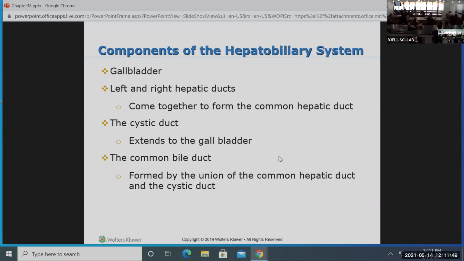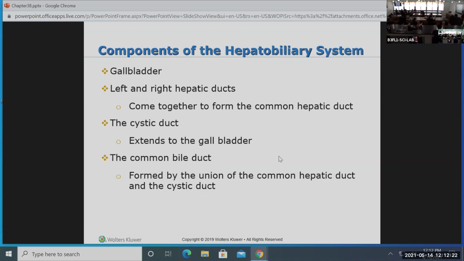Now, components of the hepatobiliary system. Gallbladder. Then we do have right and left hepatic ducts. The right and left hepatic ducts come together to form the common hepatic duct. Look at the diagram and retain that information. Then the cystic duct extends to the gallbladder.